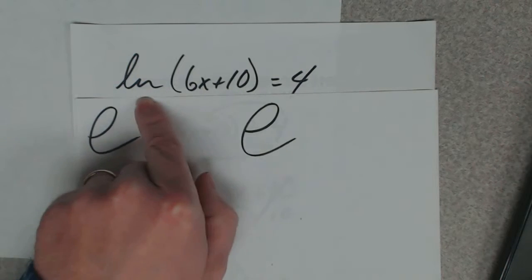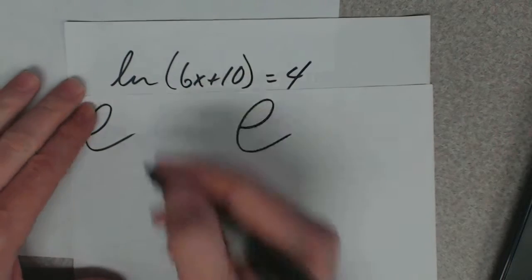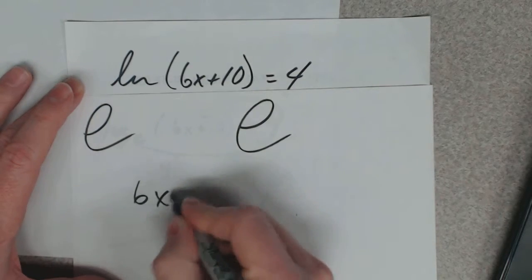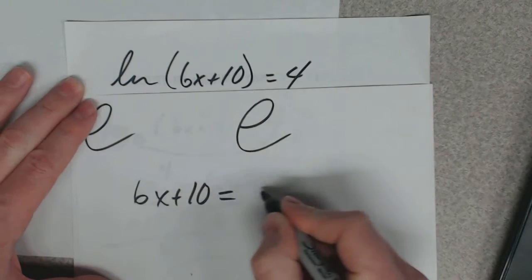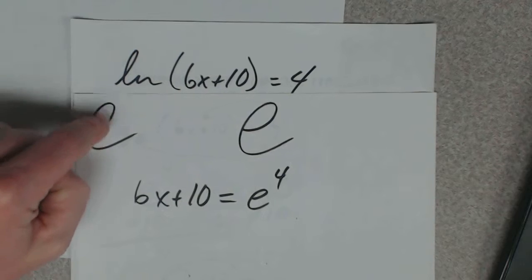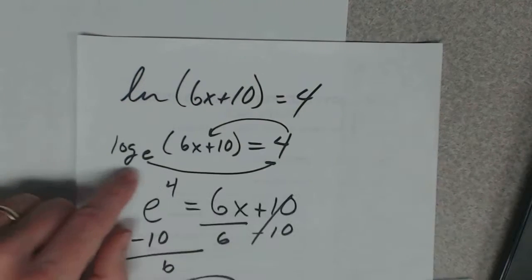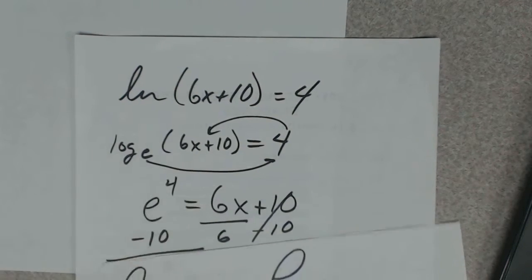E to the ln power kills the ln's off, and you're left with 6x plus 10 equals e to the 4th. It's the same difference. It's just a little property: if you have this raised to a log of the same base, they kill each other off. We'll talk more about those properties in the next chapter. But you can always change it to log base e, do a little conversion. Life is good.